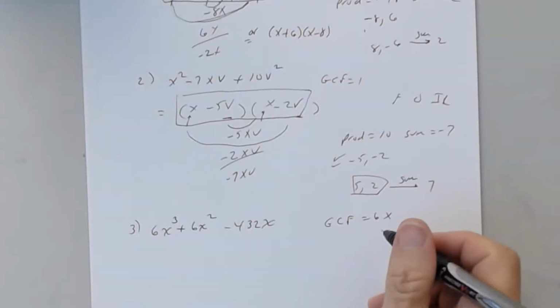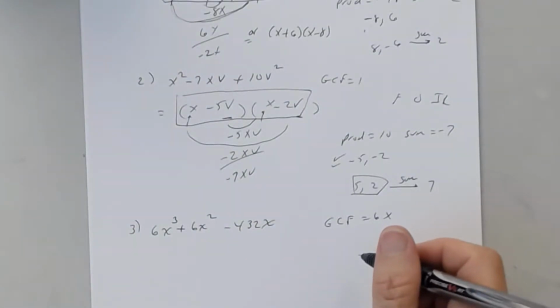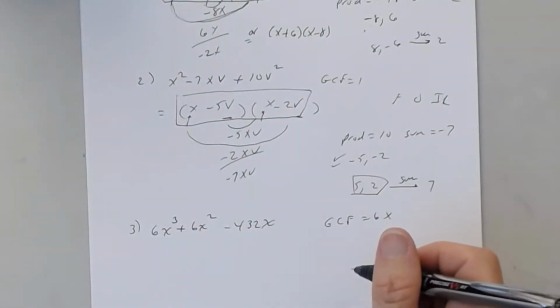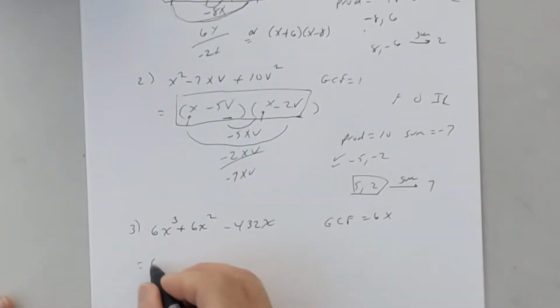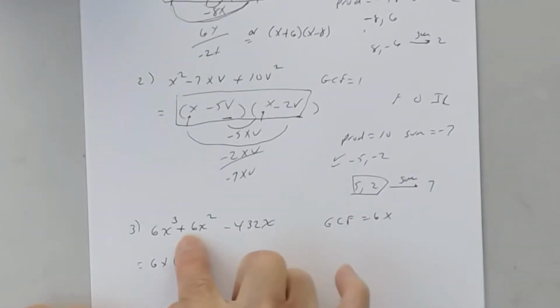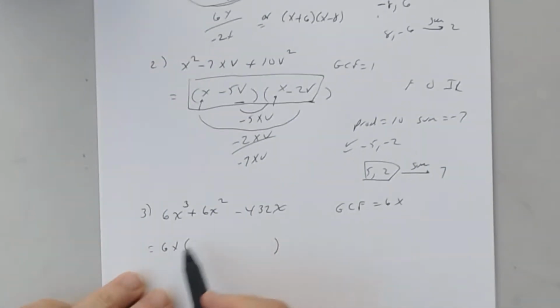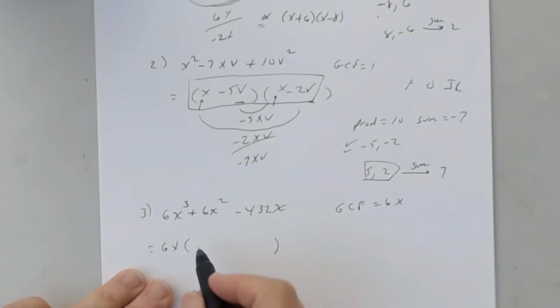Remember, if the GCF is something other than 1, then what you want to do now is factor out the 6x. So you want to say that's going to be 6x times, and you got to fill in this parentheses. How many terms did you start out with? So how many terms should you have inside the parentheses? 3. So use the distributive property. 6x times what is 6x cubed?